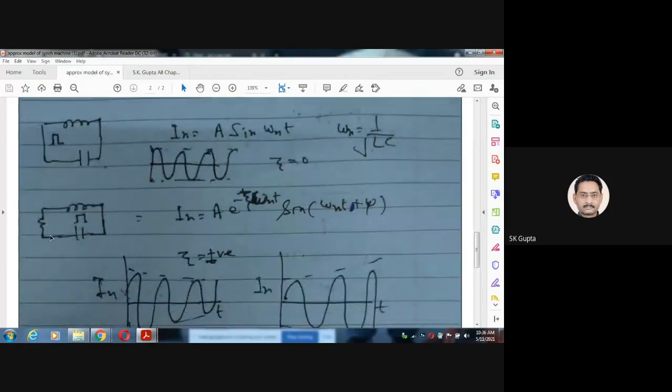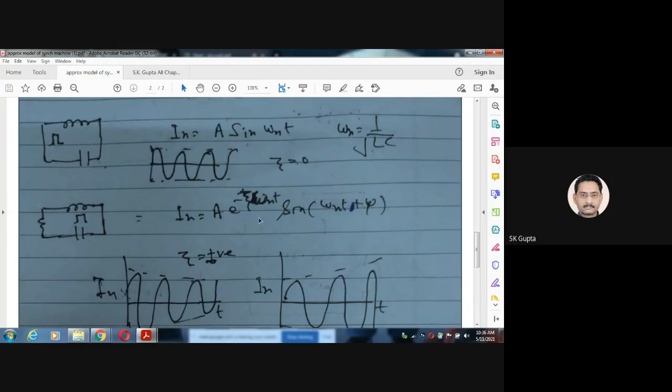Here i_n is A sin omega_n t, but in this case, when this resistance is there, the natural component of current, without a source of energy, is A e^(-xi omega_n t) sin(omega_n t + psi).